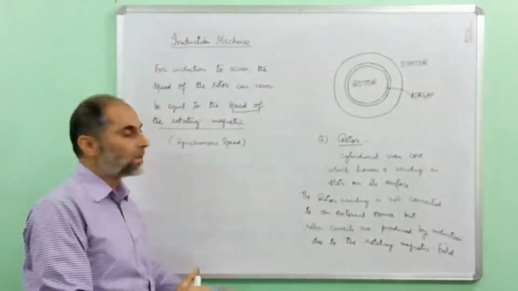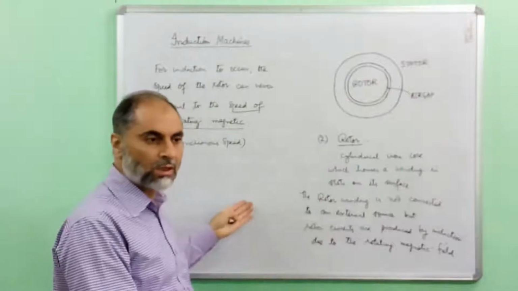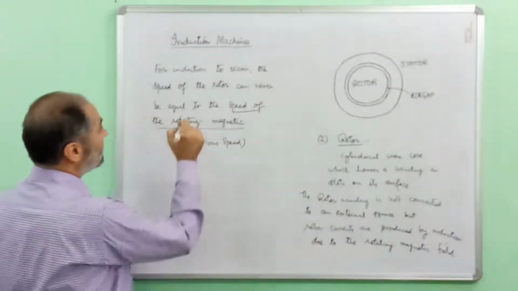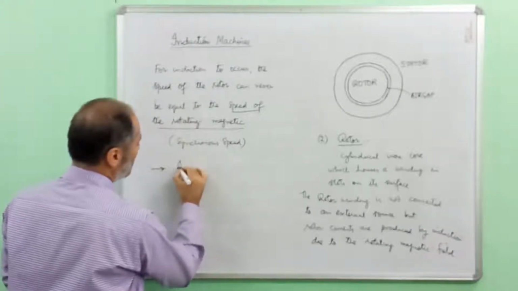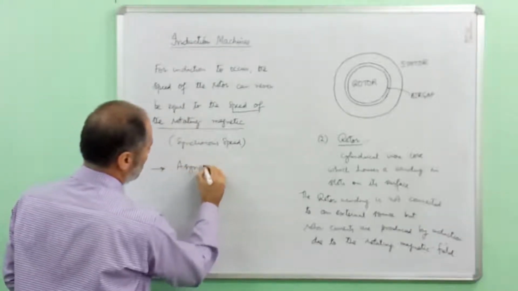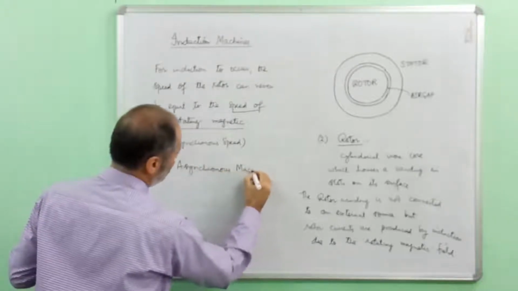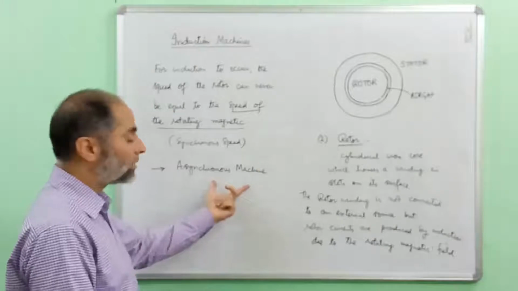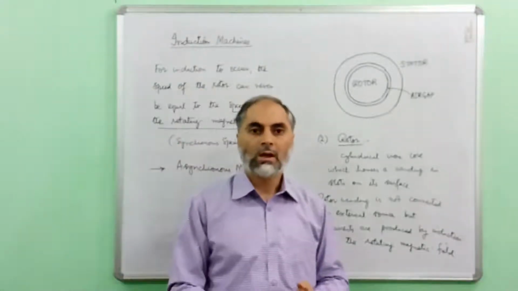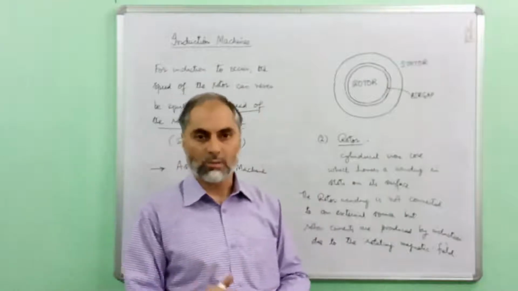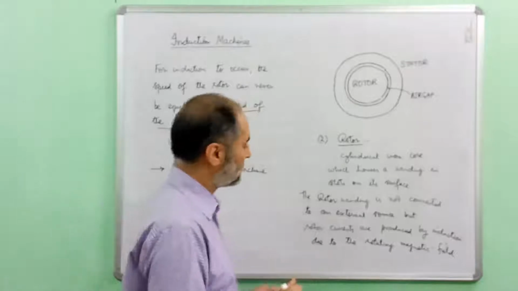Now, since the speed of such a machine can never be equal to synchronous speed, these machines are also called asynchronous machines. This is in order to distinguish these machines from another class of AC machines, which are known as synchronous machines, which we'll be dealing with towards the end of this course.